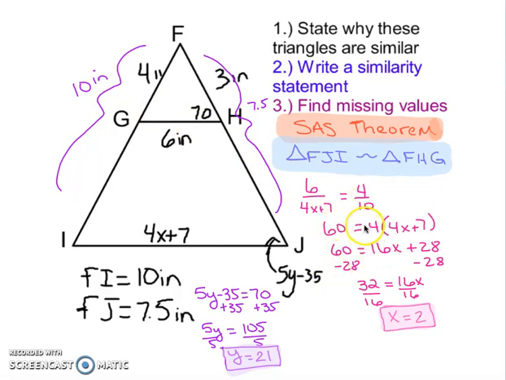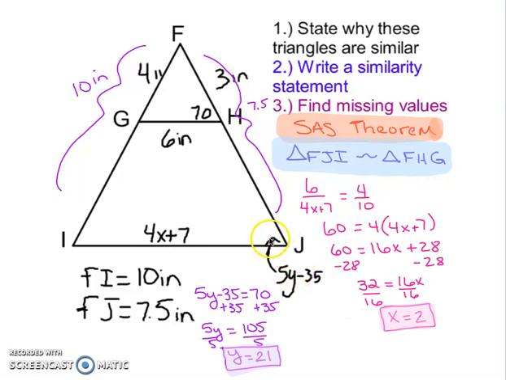And then to actually solve for your variables, for the first one here, we had the 4x plus 7, so I said 6 over 4x plus 7, and then I used my 4 over the 10, which would be the whole side. And when we solve for that, you should get x equals 2. There's other ways that you could have set that up, but you should have found also that your x variable is equal to 2.